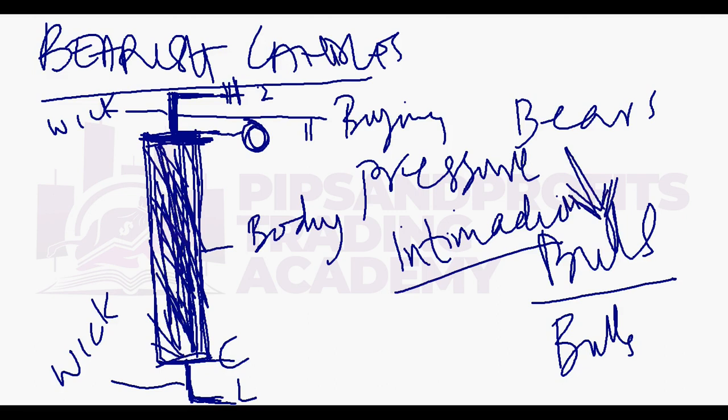Then based on the time frame you are in, when it elapses, it is going to close. So for a bearish candle, we have open, high, low, and close.